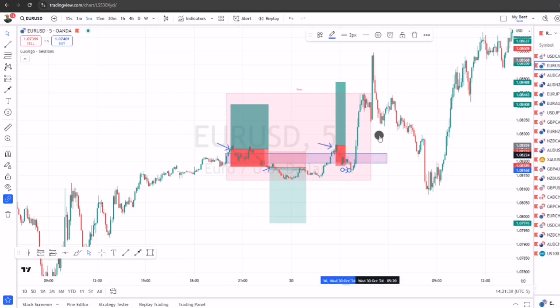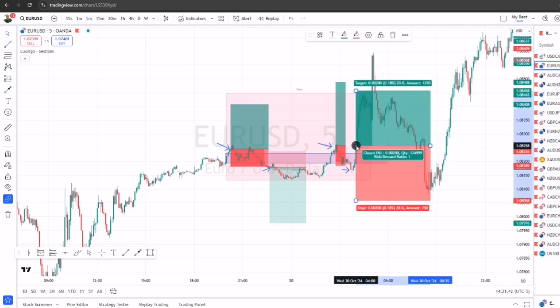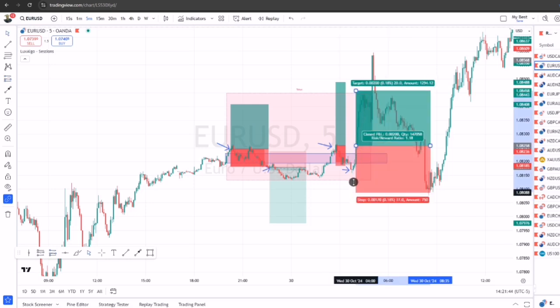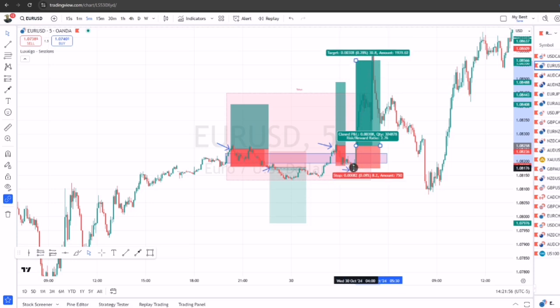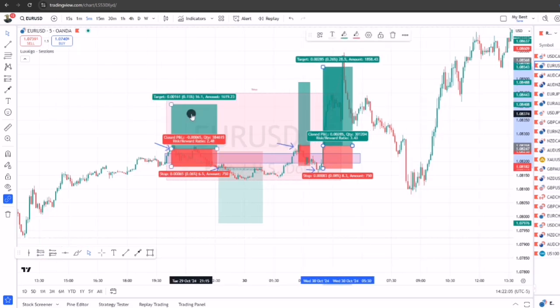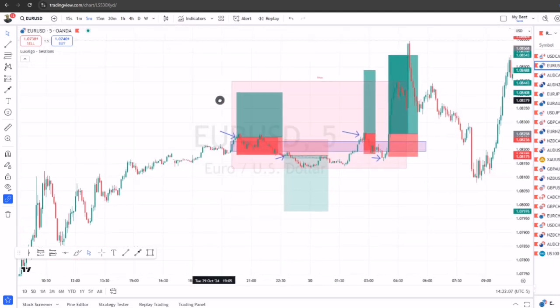Your last chance within this session would be here when it closes above. Okay, it closes above, you buy. Let's see if you have your 1 2. Remember, stop loss is supposed to be just below the key level. You do have your 1 2 3. So you would have made it, you would have covered your losses.